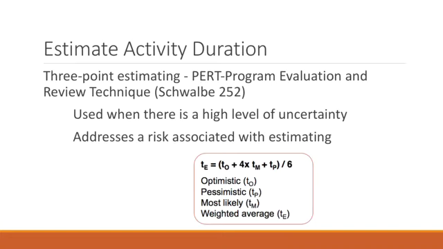The most likely estimate will be based on the parametric data that you have, based on documentation or historical data that you might have access to. The optimistic estimation is, if you were the most optimal people in the world, how fast do you think something can be completed?